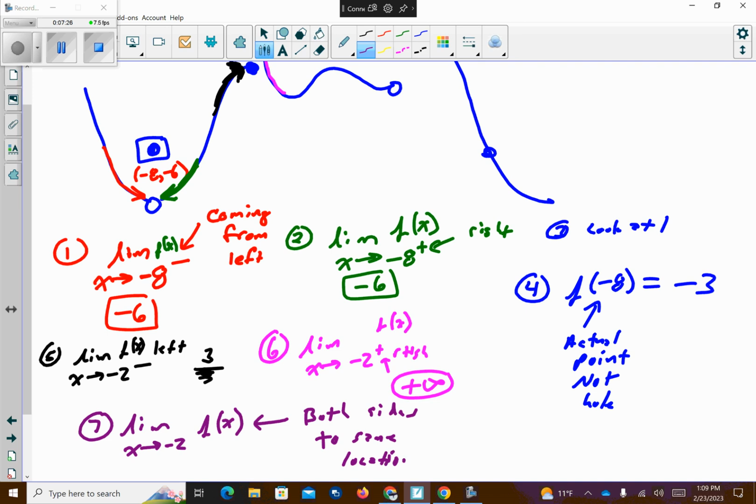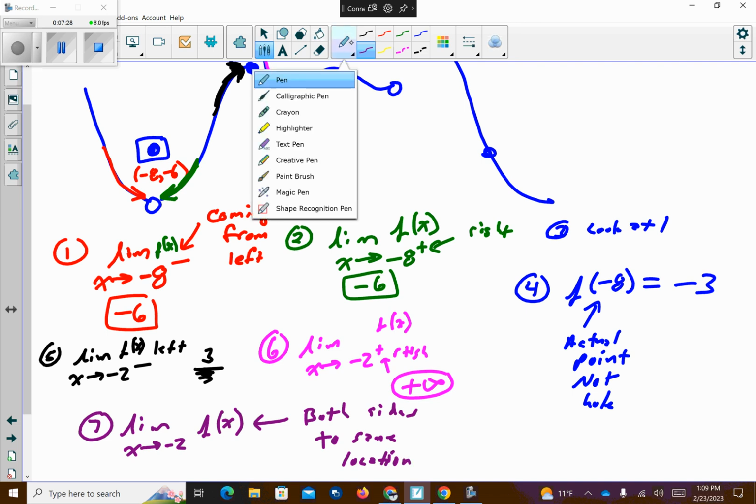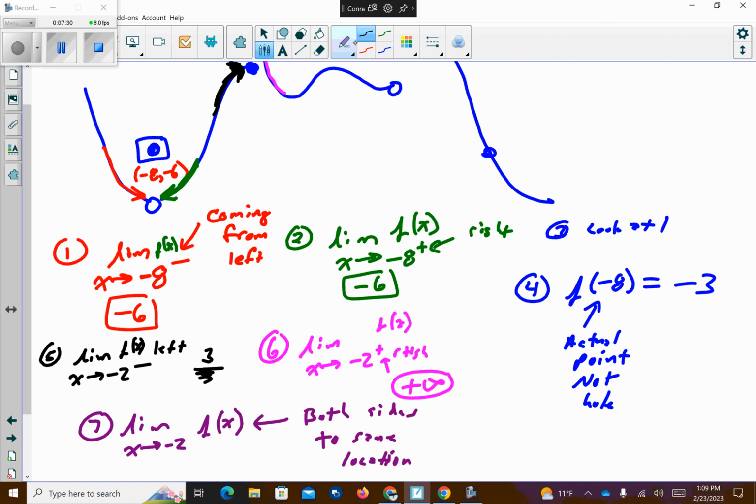All right? So let me just highlight all of this information here. One's coming from the right, one's coming from the left. If I come from the left, I get an answer of 3. If I come from the right, I get an answer of positive infinity. So does the limit as x approaches -2 go to the same exact location?